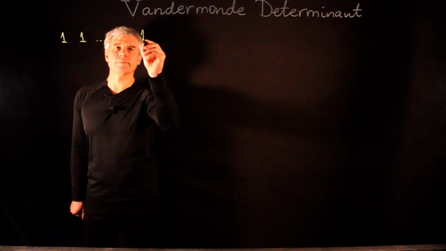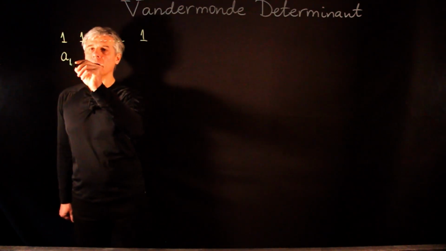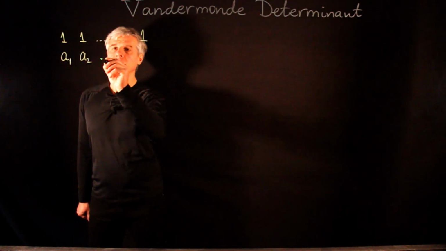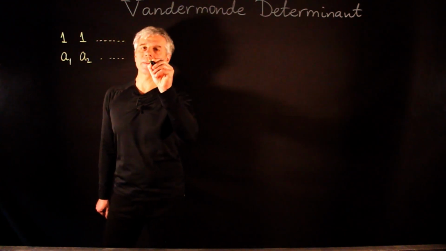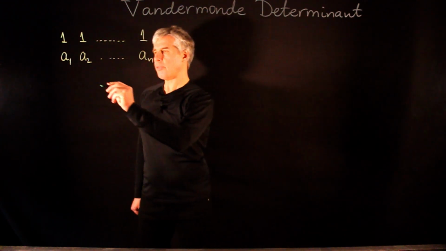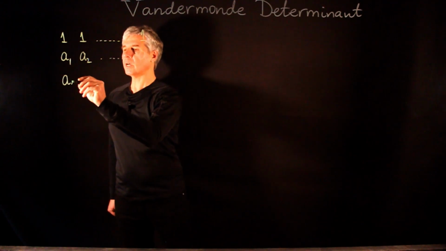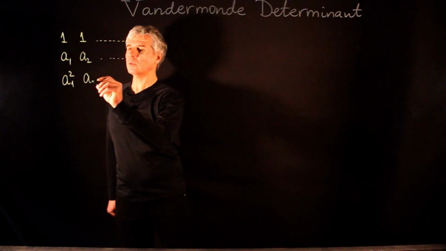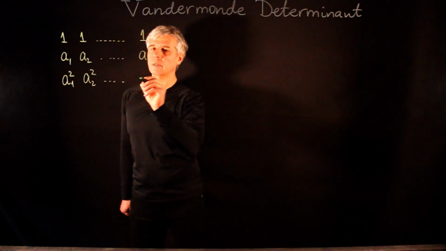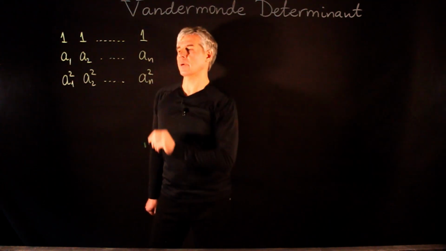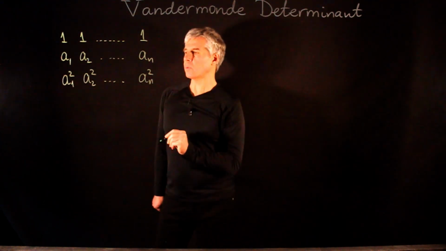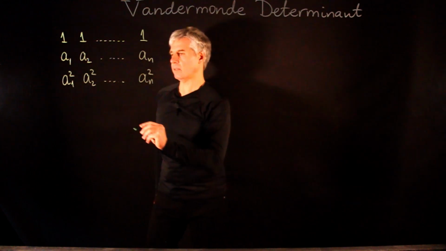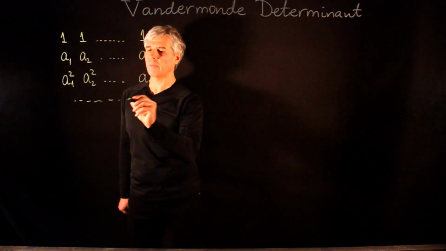The first row of this matrix is filled with ones. In the second row we put a1, a2, ..., an. In the third row we put a1 squared, a2 squared, and then an squared. In the next row we'll put the cubes of these elements, and so on.